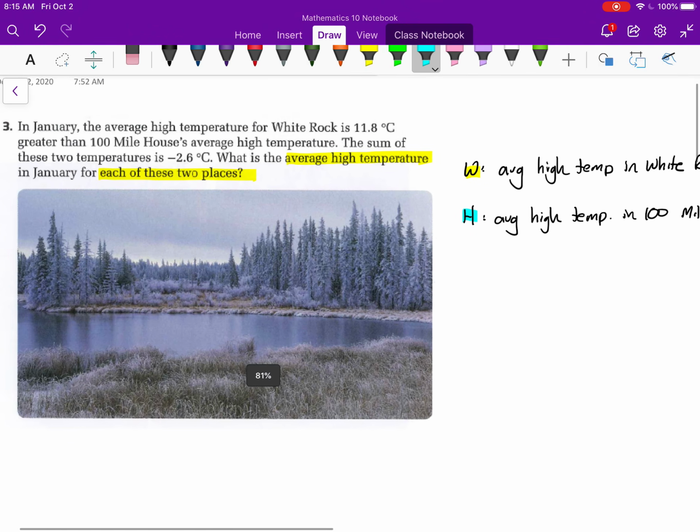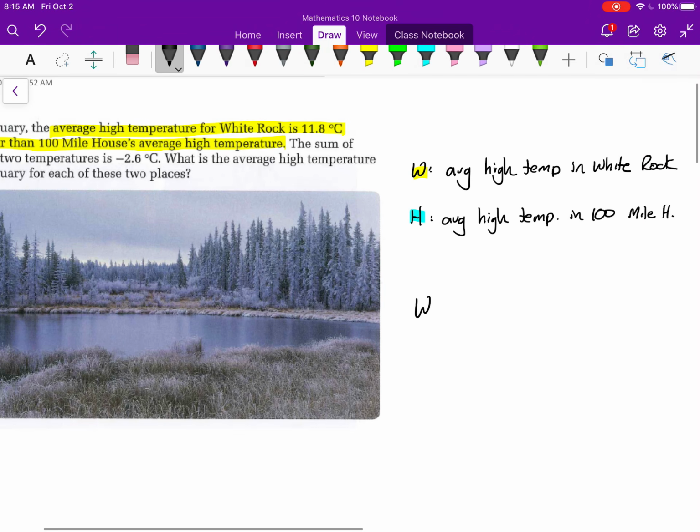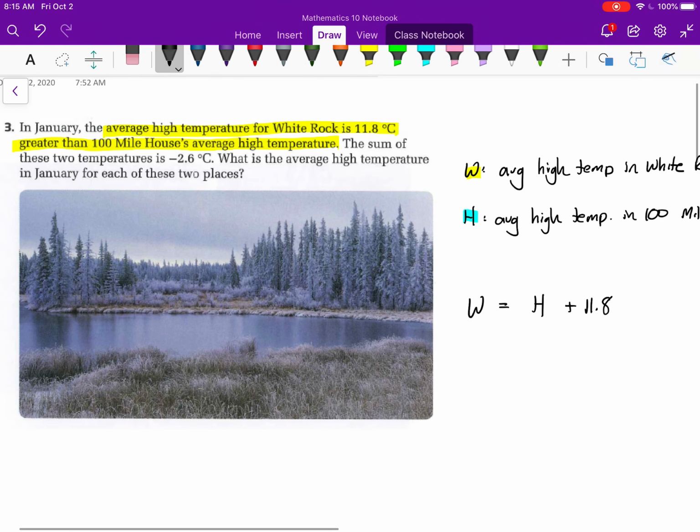And I look at my information. What's one thing I know? If I look at the first sentence, it says the average high temperature in White Rock is 11.8 degrees greater than 100 Mile House's average high temperature. So I can express that by saying the temperature in White Rock, W, equals the average temperature in 100 Mile House plus 11.8, because White Rock is 11.8 degrees more.